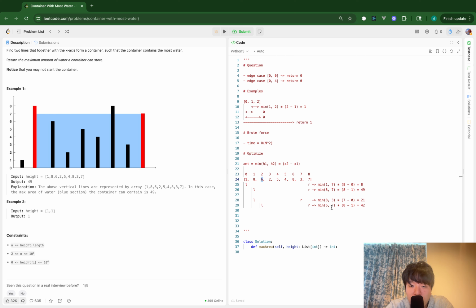6, 3. No, 6, 7. No, right pointer is now moving right. No, it's okay.